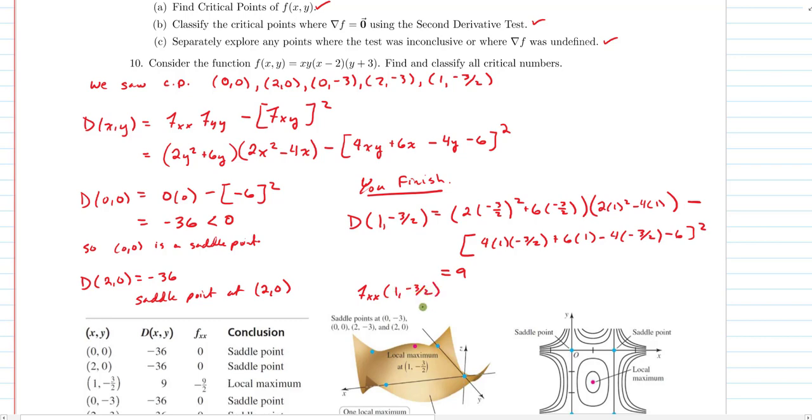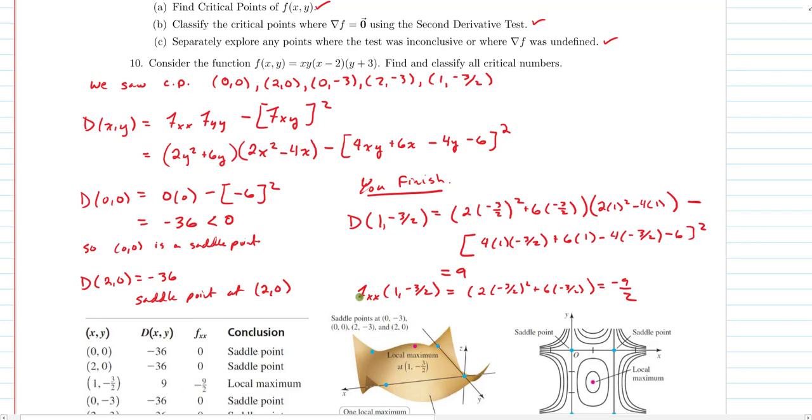that critical point. And if we do so, let's see here, plugging (1, negative 3 halves) into f sub xx, that would be 2 times negative 3 halves squared plus 6 times negative 3 halves. And if we compute that, what do we end up with? We end up with the value negative 9 halves, cheating and reading it from the chart there.